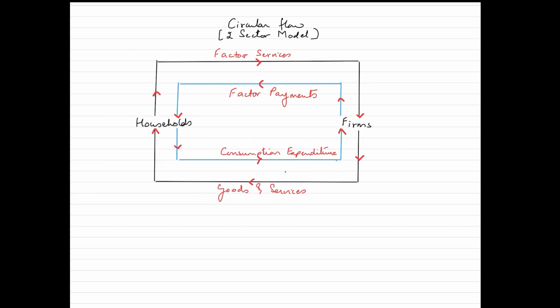And if we divide this entire thing into half like this, each flow would be a complete transaction. So, households give factor services, firms pay for those factor services. Firms produce goods and services which households are purchasing and are making payment to the firms for those goods and services. So, all in all, this circle is complete and there is absolutely no savings or investment.